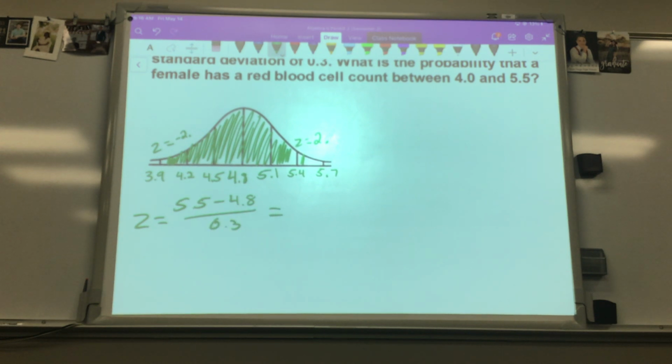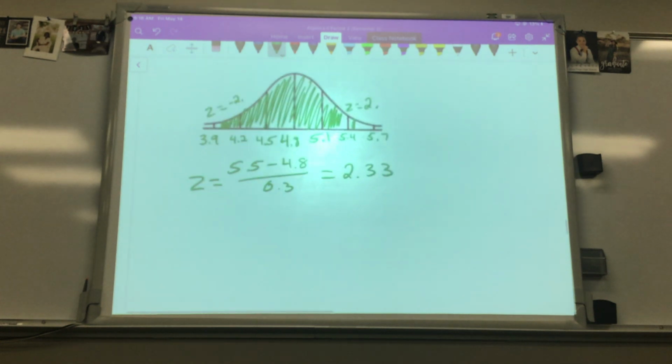What'd you get for that Z-score? 2.33. Finding that other one, 4 minus the 4.8 over 0.3, negative 2.67.